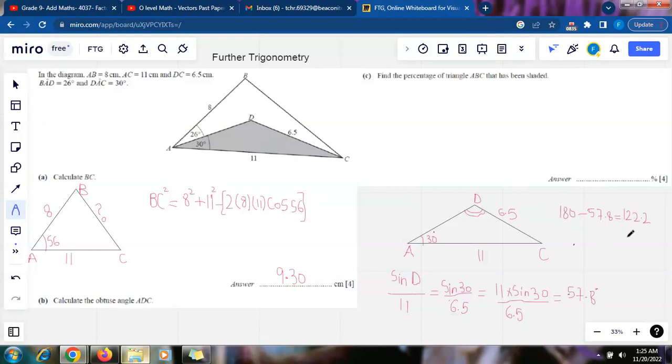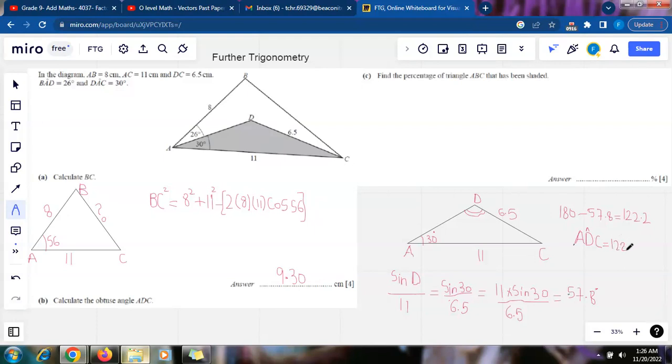This is the right angle because this is the obtuse angle, and you know that sine rule always gives us two angles, one is acute and one is obtuse, and so we need to find out both the angles in this part, because the question already mentioned that you will have to find out the obtuse angle ADC. So this is our answer. Angle ADC is 122.2 degrees. So now we will move on to the third part.